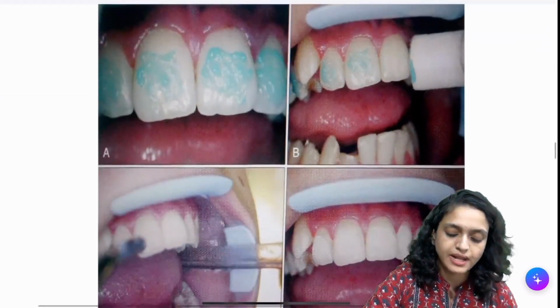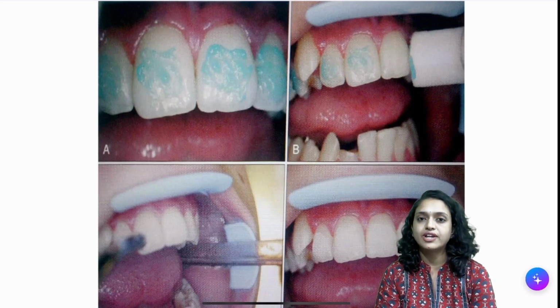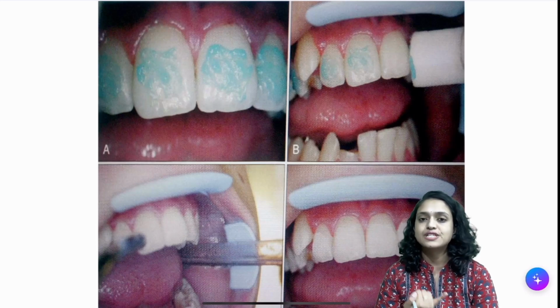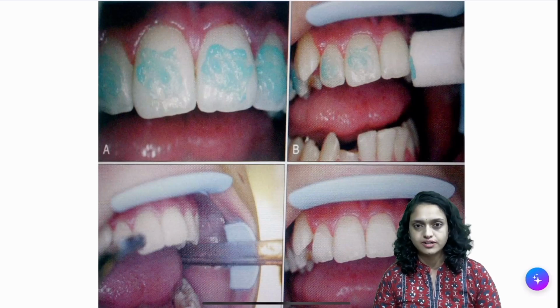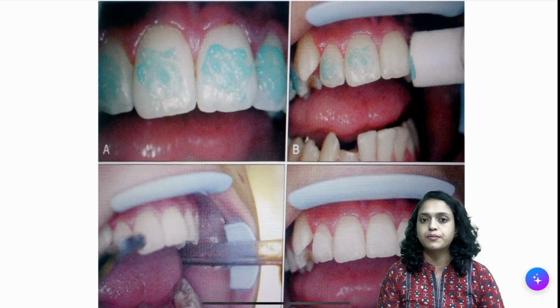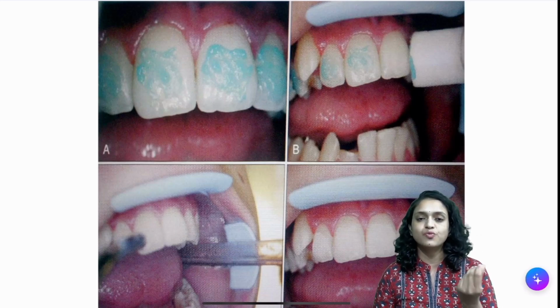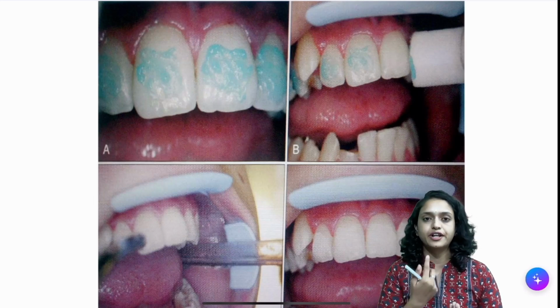You apply it, and you can see the blue color gel. Etchants, 37% phosphoric acid, are available in the form of gel as well as liquid. Mostly the gel form is used, colored blue. A contrast color is preferred because it is easier to clean up. If it is a liquid which is white in color, we may not know if it is still adherent onto the tooth.